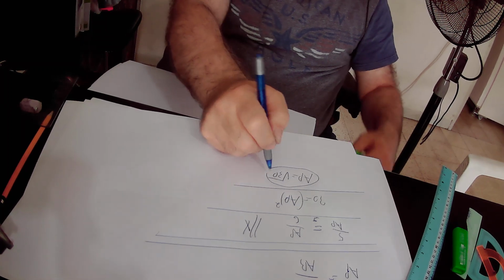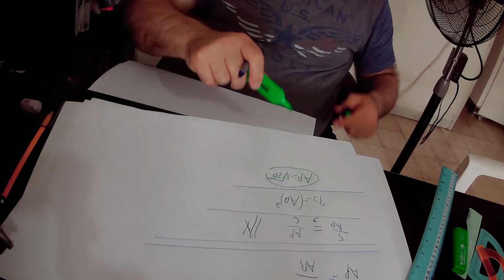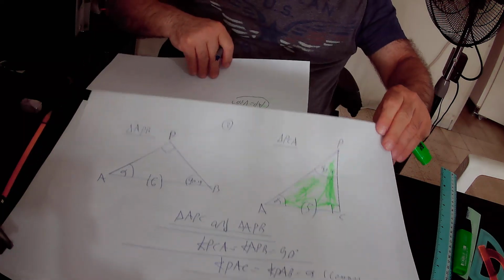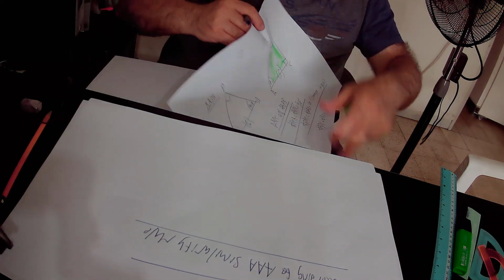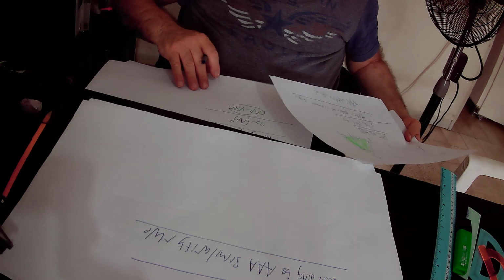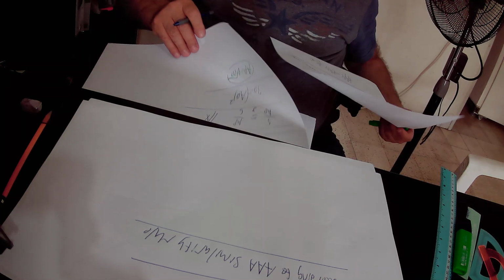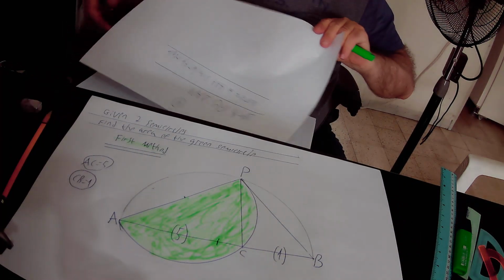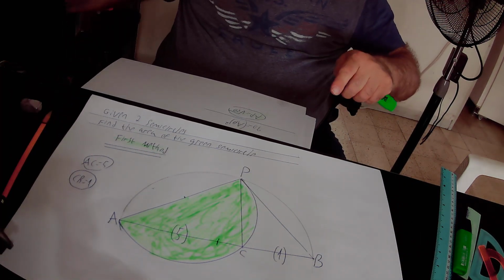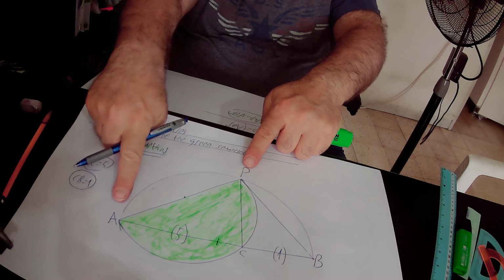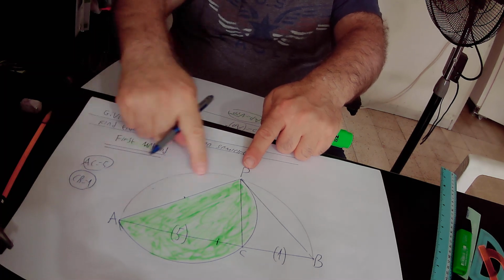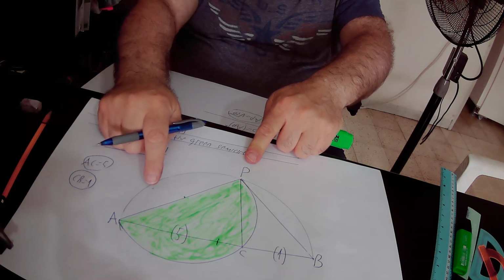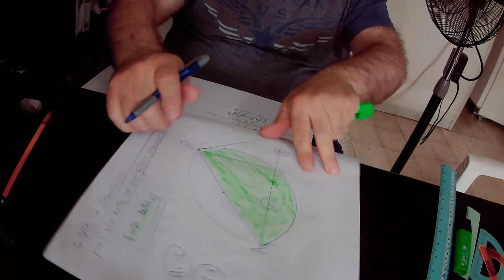So we actually found out that AP, that is the diameter of the green semicircle, equals the square root of 30 units in its length.